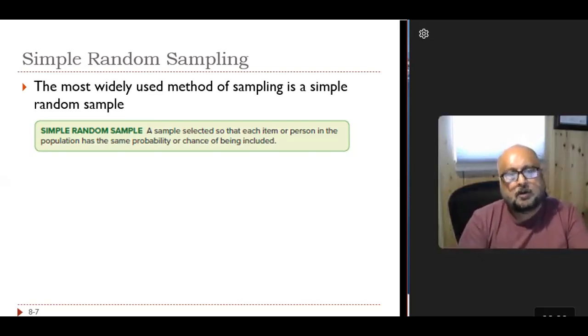When you have a large number of items in the population, if the population contains too many items, then it's hard to study the entire population. You have to use sampling. So simple random sampling is where you randomly select the members of the population into a sample, and every member of the population has an equal chance of being selected.